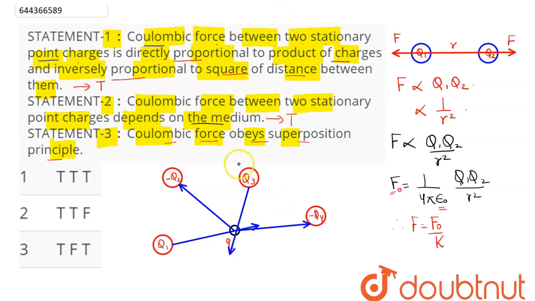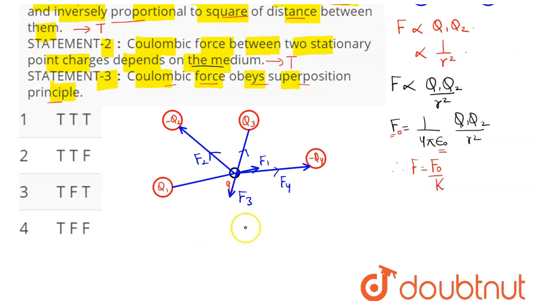Now we can see here the net force experienced by this charge will be, let's say, vector sum of all these forces, F1, F2, F3. We can see here this force is our F3, and we can say this force here is our F4. Hence we can see here the net force on the charge q will be simply vector sum of all the forces acting on these charges individually by the surrounding point charge.